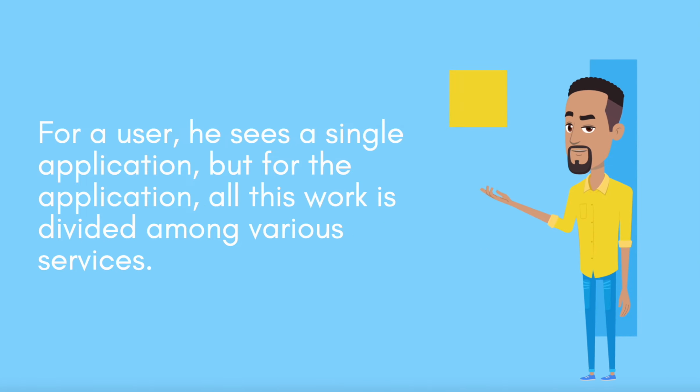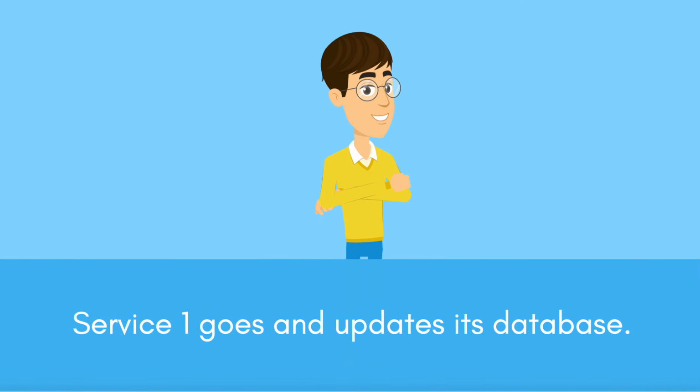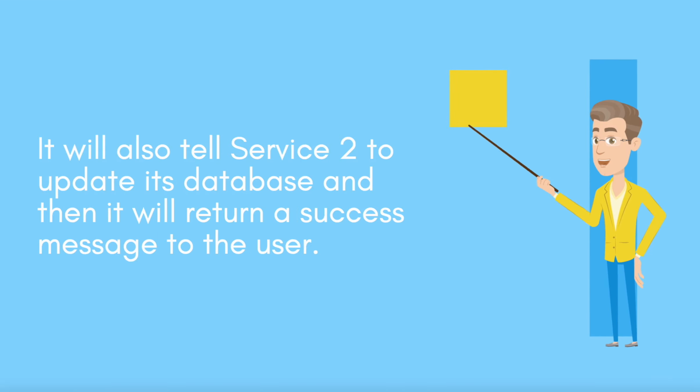For a user, he sees a single application, but for the application, all this work is divided among various services. Suppose the user adds a book to the shopping cart. Service 1 goes and updates its database. It will also tell Service 2 to update its database, and then it will return a success message to the user.